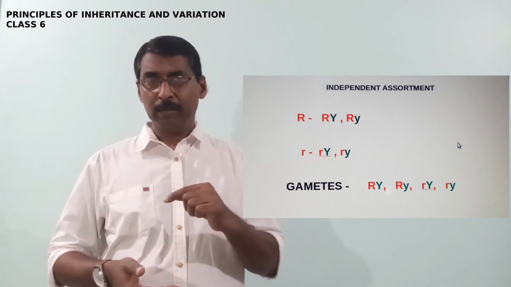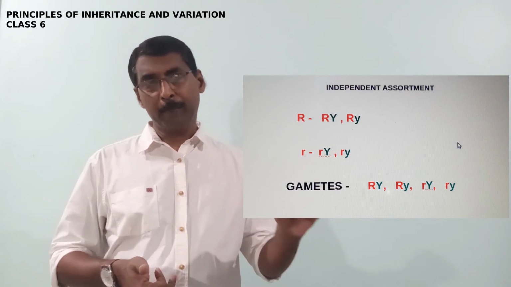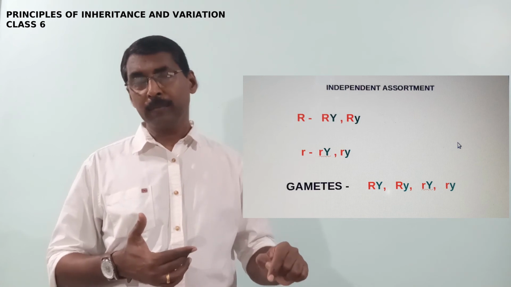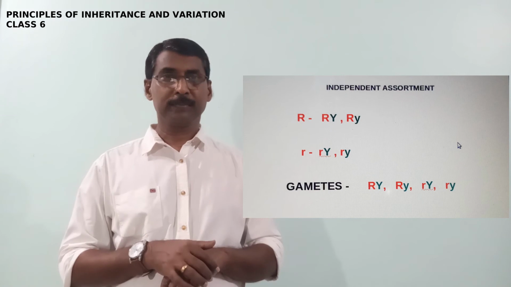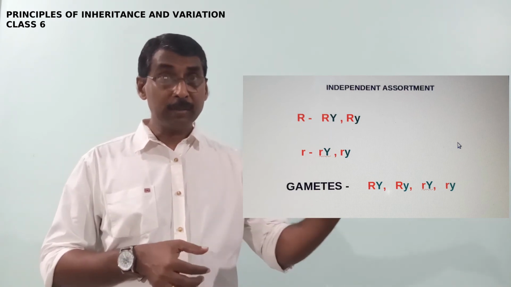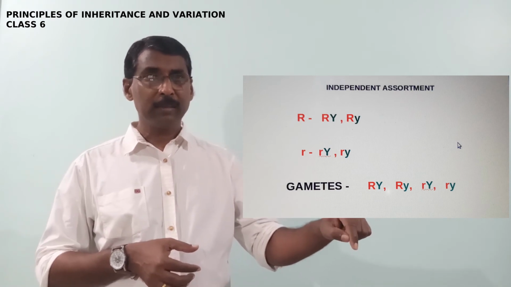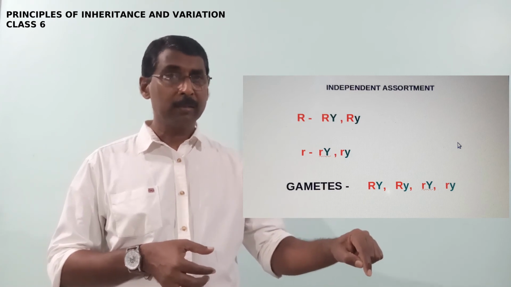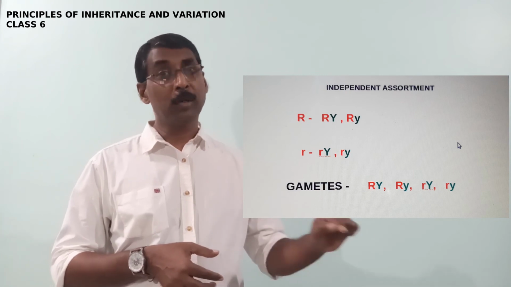So one possibility is it can assort with the capital Y. It can go along with the capital Y. So we will get a gamete with a small r, capital Y. It can also assort with the recessive allele for color, that is small y. So we will get a small r, small y.